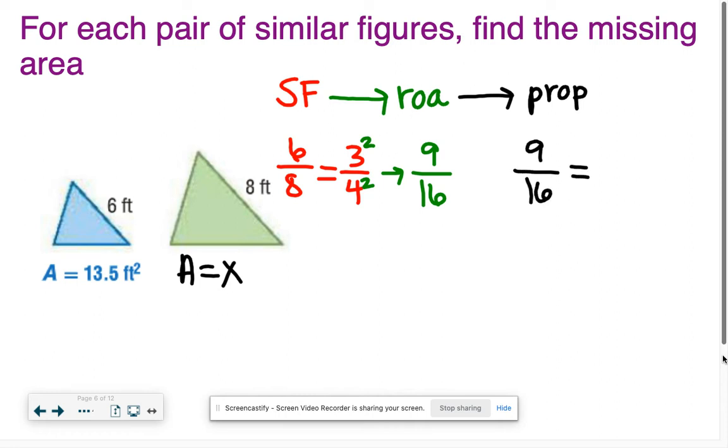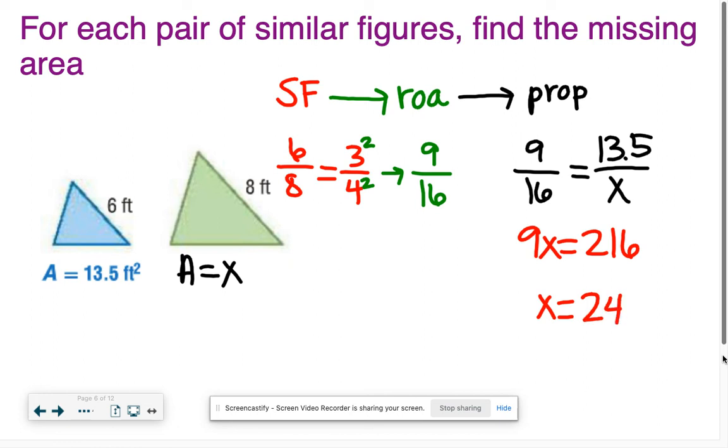Now remember, since 9 is a smaller number, we want the area of the smaller one on top, so 13.5, over the area of the bigger one, which we don't know, so we're calling it x. And now we simply just cross multiply. We'll have 9x equals 216. Divide out, x equals 24 feet squared.